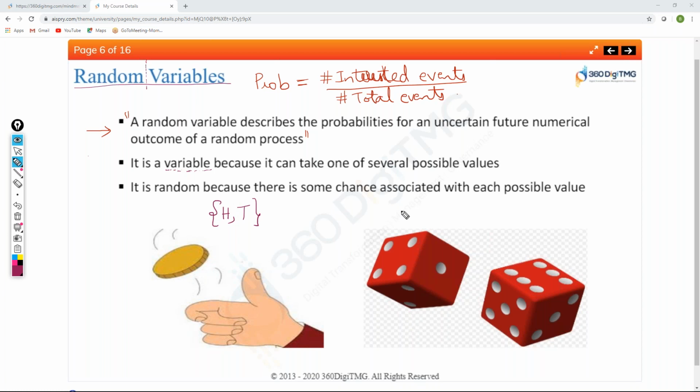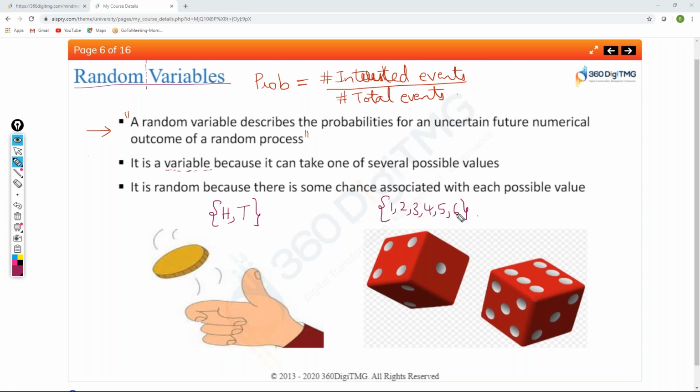And if you roll a die, die is singular, dice is plural, you might get a 1, 2, 3, 4, 5, or 6. You would not always get a 1. You might get 2, 3, 4, 5, or 6.